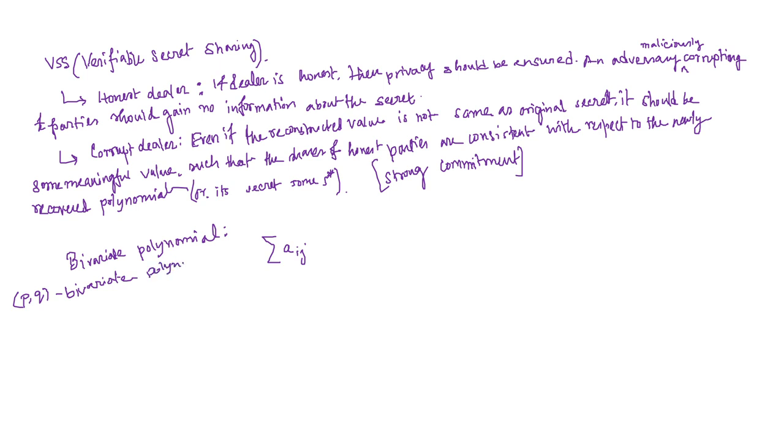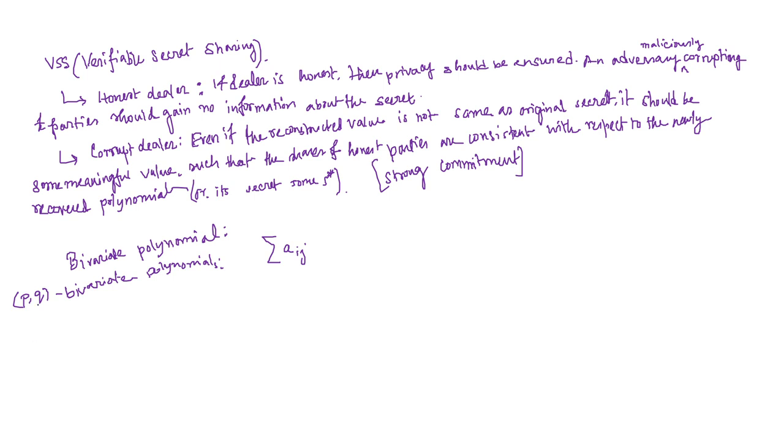As the name suggests, there are two variables involved in the polynomial. The polynomials that we have seen previously are univariate polynomials like f(x). So the indeterminate is x, only one variable, but in case of a bivariate polynomial, we will write f(x, y).